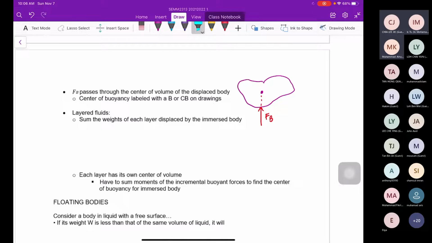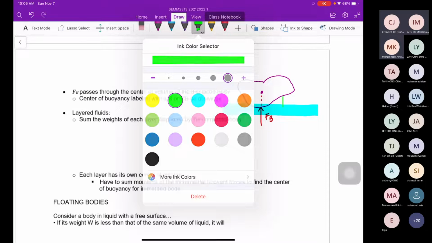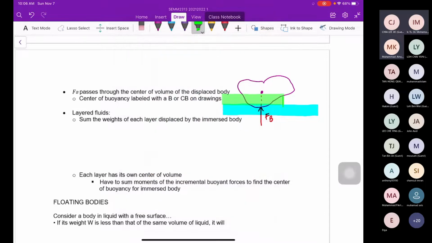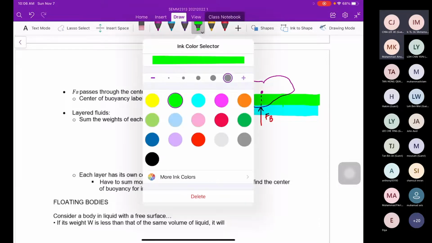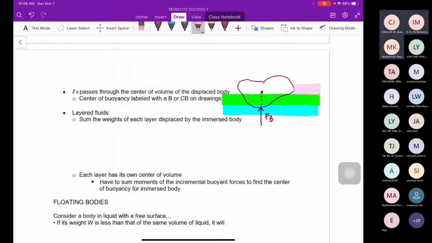For example, this layer is filled with liquid A, this layer with liquid B, this layer with liquid C, and finally, this layer with liquid D.